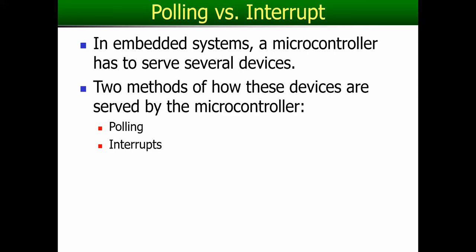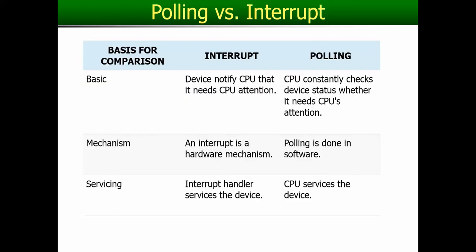And imagine if you're using two timers, then you have to poll two flags, or maybe all three timers, or you're using ADC and other peripherals of the microcontroller. Then polling is not efficient. So this is a basic comparison.